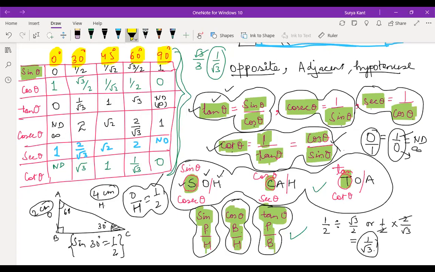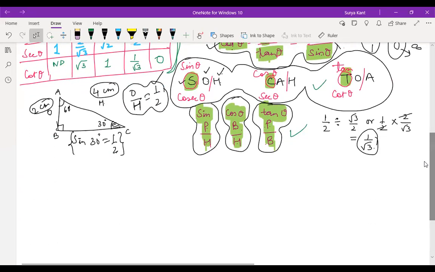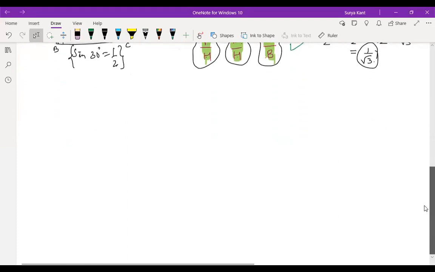Now we are moving to the next concept. If you are complete with this concept, then we're moving to the next concept, that is complementary angles. So what are complementary angles? Who can explain to me?